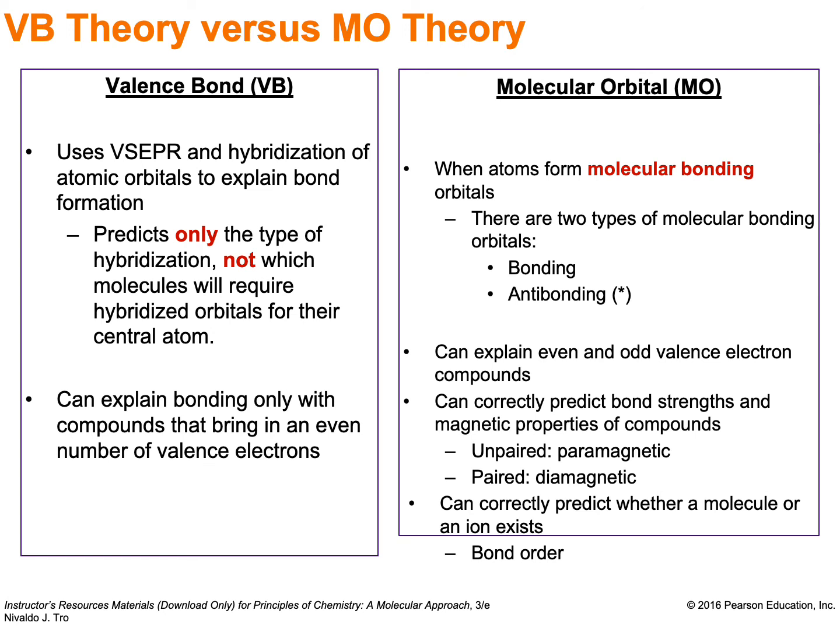We need to extend our understanding to include a theory called molecular orbital theory, or MO theory, and it basically results in the formation of molecular orbitals that are either bonding or anti-bonding. One of the more positive aspects of MO theory is that it can help correctly predict whether a molecule is paramagnetic, having unpaired electrons, or diamagnetic, having paired electrons.